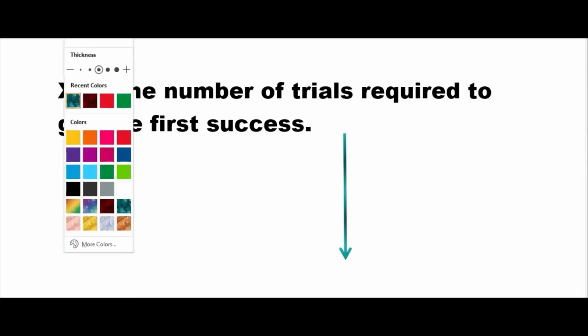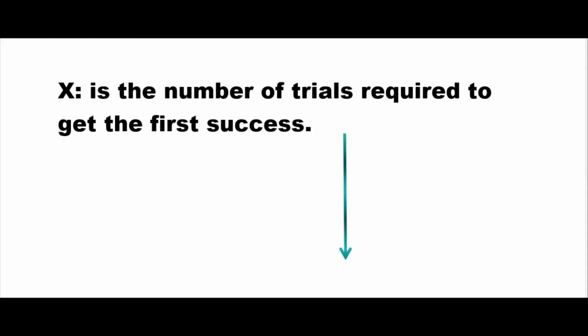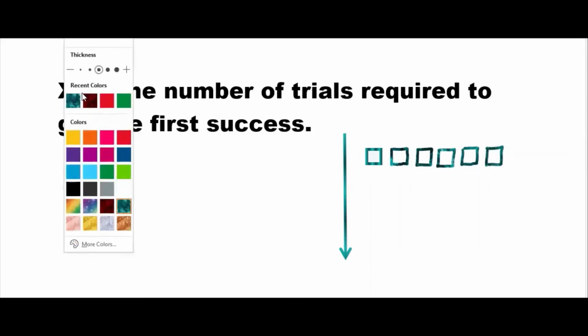So what we have done in binomial is we had a fixed number of trials, and then we count the number of successes.